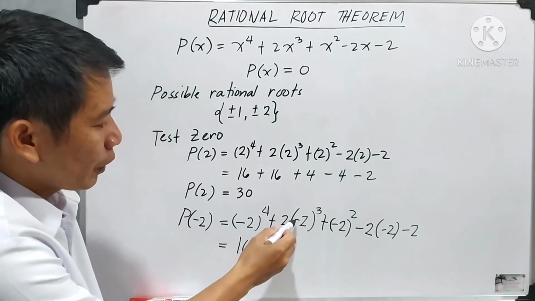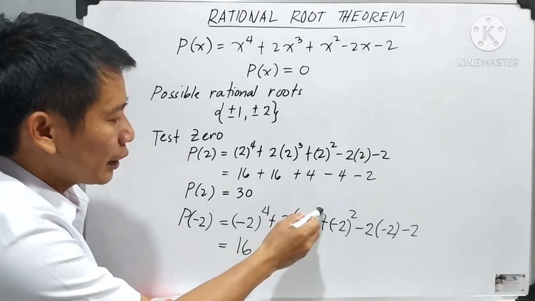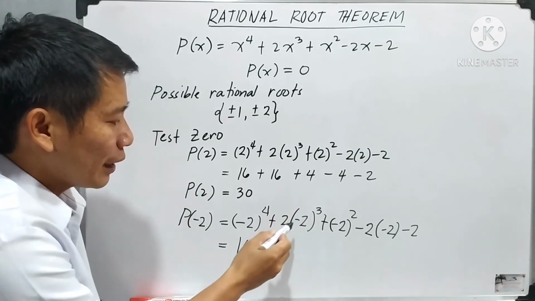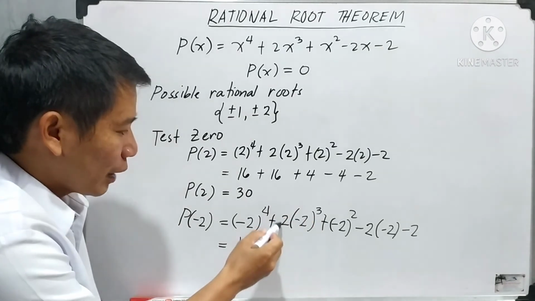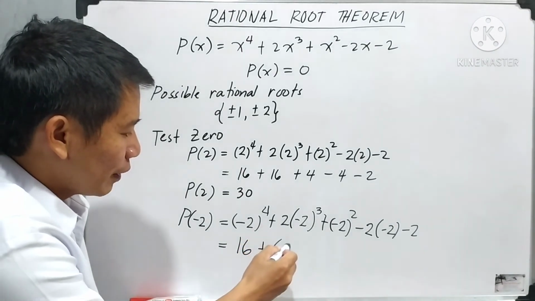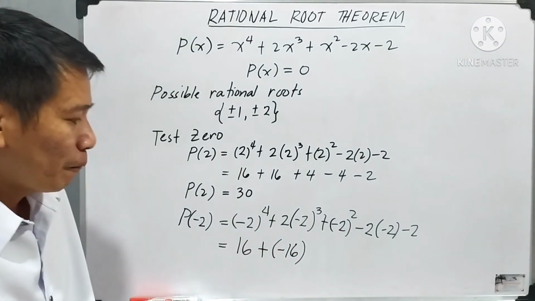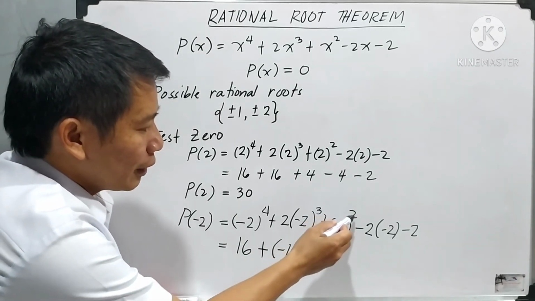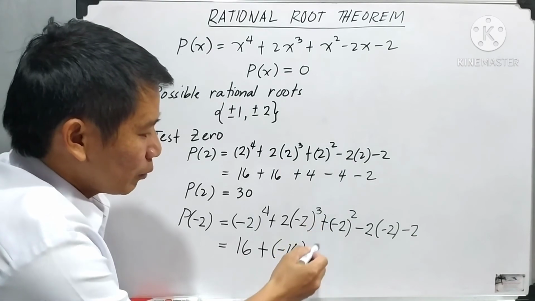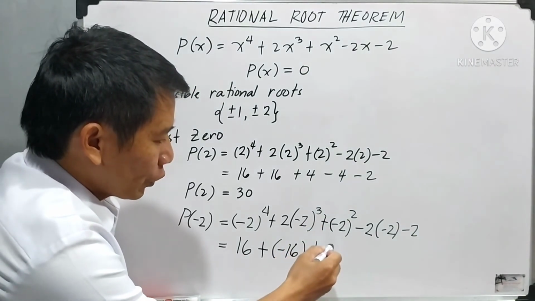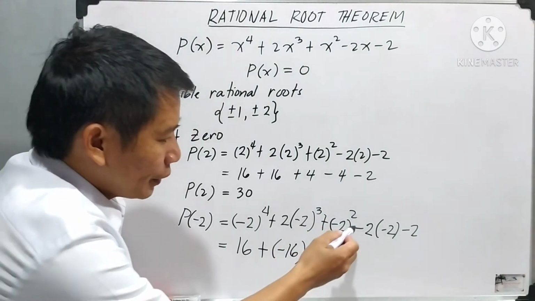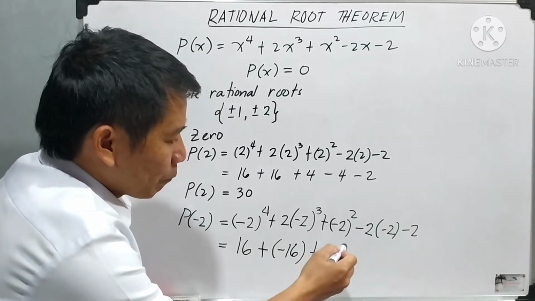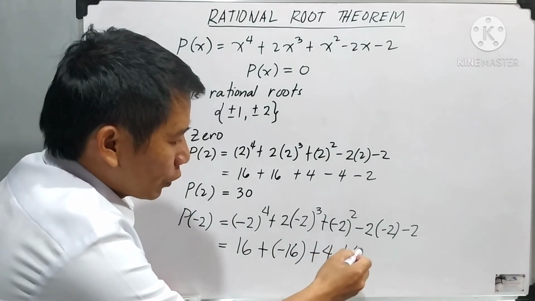Plus, okay, negative 2 cubed. Since the exponent is odd, negative 2 cubed is negative 8, times positive 2, that is negative 16. Then we have here negative 2 squared, so the exponent is even. So negative 2 times negative 2 is positive 4. Then we have here negative 2 times negative 2, so negative times negative is positive 4.